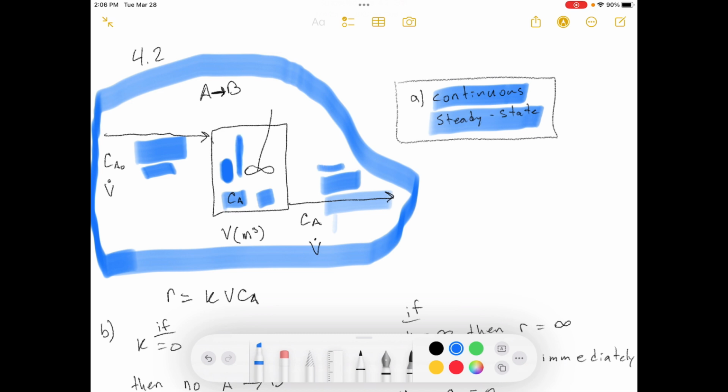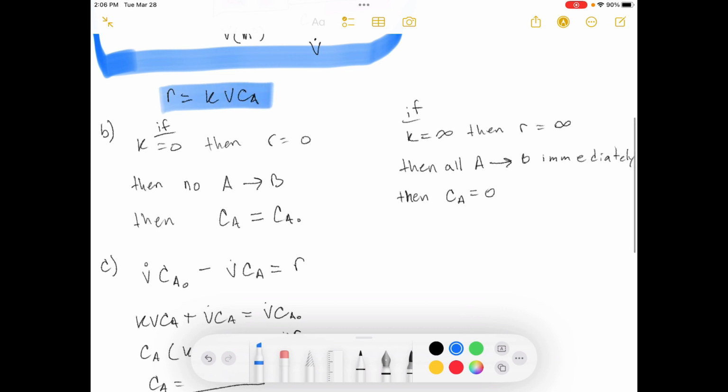There's no level change in the tank or anything like that. So it is steady state. Even though there is a reaction going on in this vessel, it's still at steady state because the reaction isn't changing with time. The reaction rate is constant. This is the reaction rate that they gave to us, or the reaction law for this particular species.